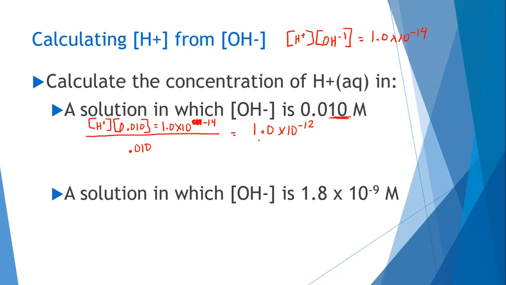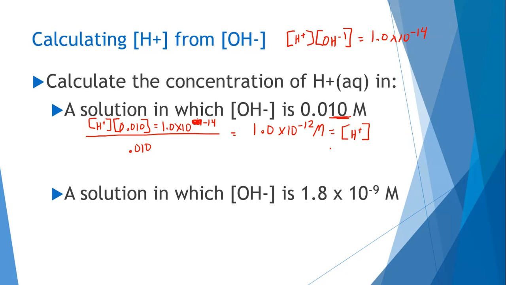The other thing I want to point out is that we are finding the H+ concentration. So because we're finding a concentration, we have to make sure that we include the unit molarity. Again, this is my H+ concentration. Now, if I were to ask you whether this solution is acidic or basic, we can still use the same rules that we used on the previous slide.